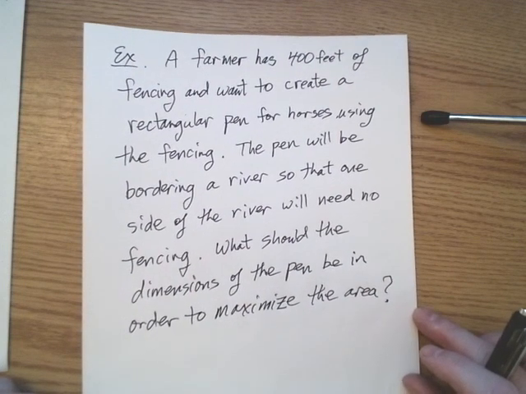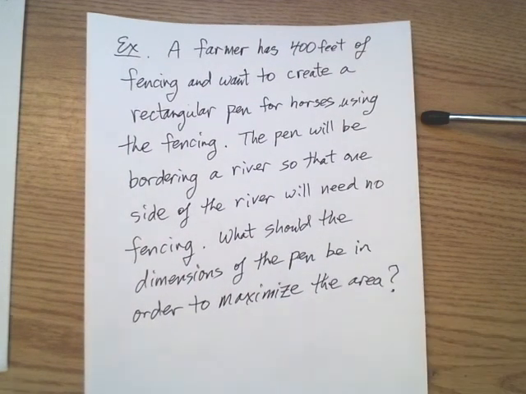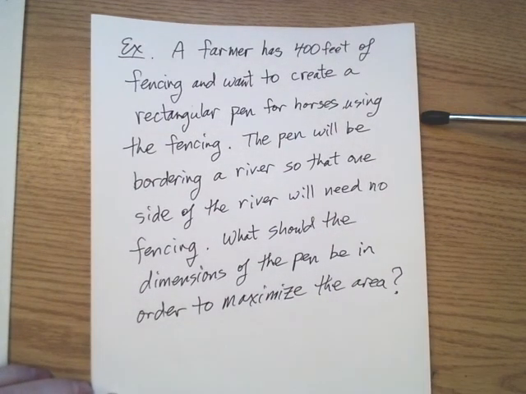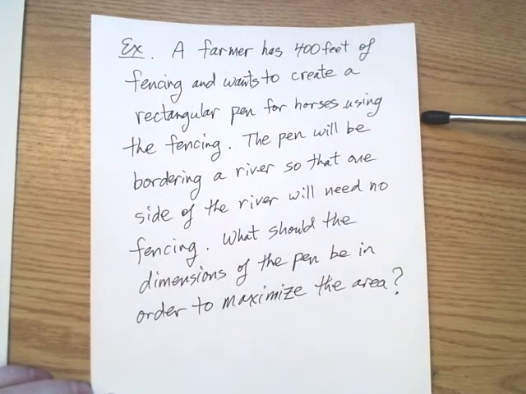Let's do another problem that ends up being a problem essentially finding the vertex of a quadratic function, or vertex of a parabola, if you wish. Let's look at this little word problem here. A farmer has 400 feet of fencing and wants to create a rectangular pen for horses using the fencing.